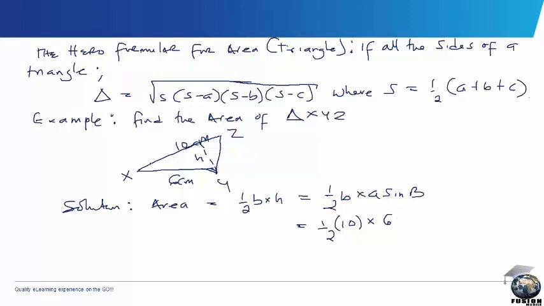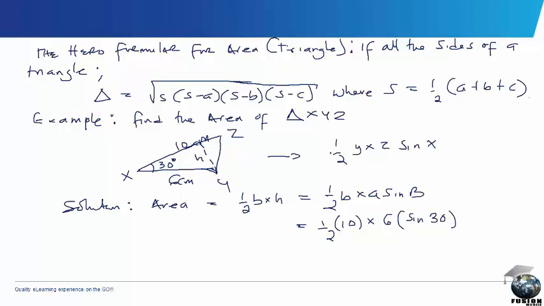There is also an angle. If you're not given a side, you must be given an angle, and sine B means sine 30. If we want to write this formula in terms of the triangle, we write half y times z sine x.